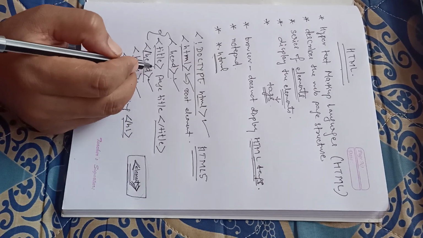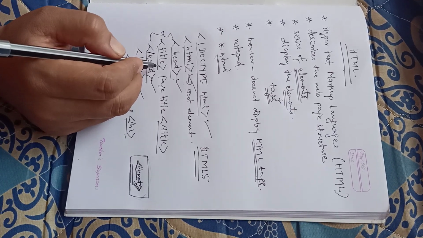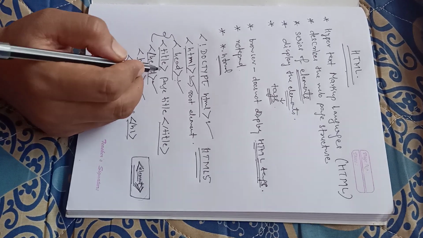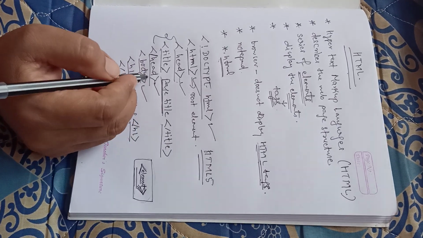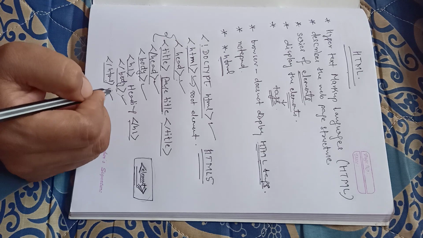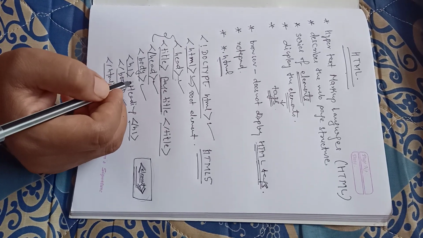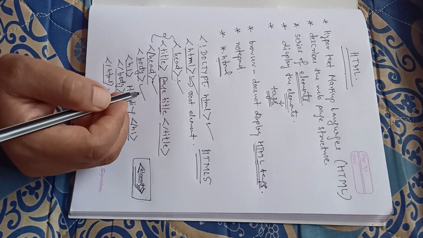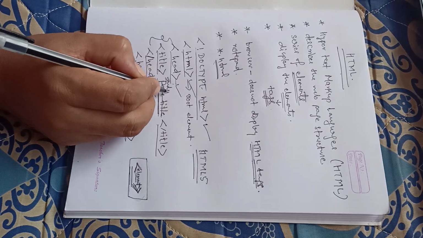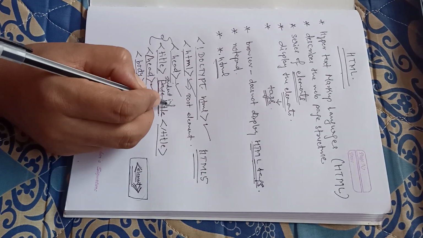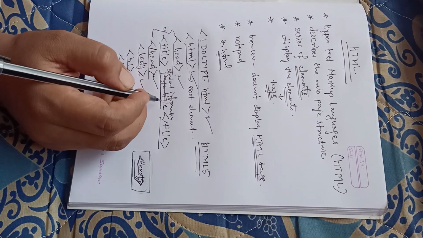Inside the head tag, you can see there is a title tag. This title tag specifies a title for the total document. Suppose this document is being used to display student information. Here I can put a title like student information instead of page title.